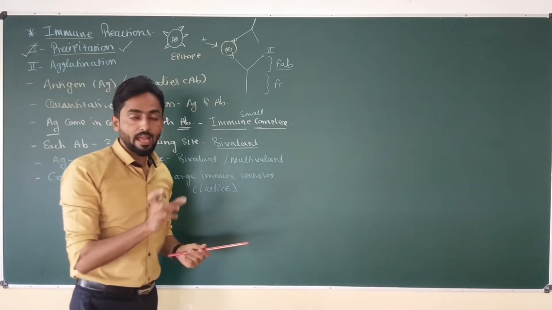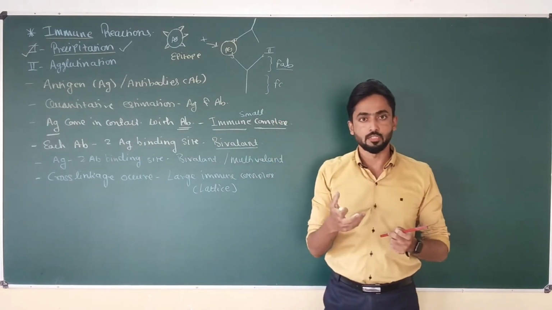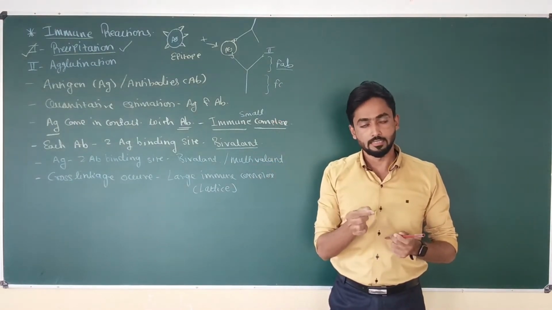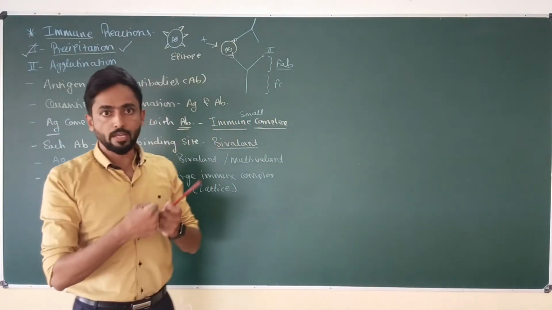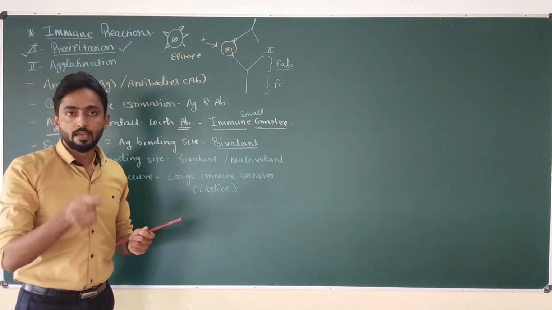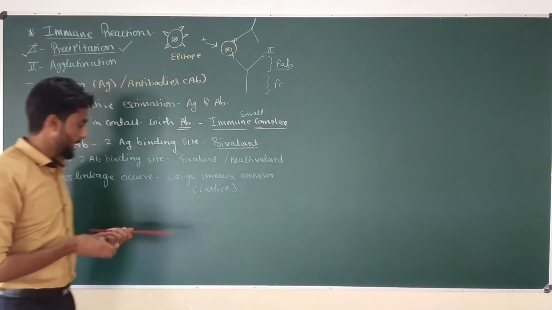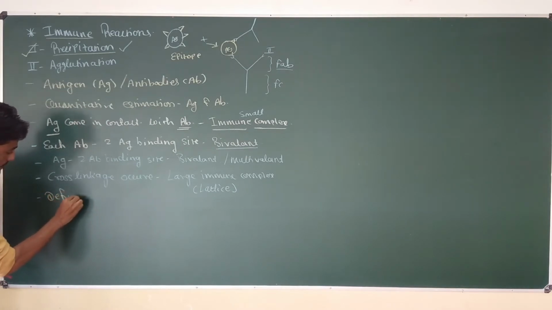Such kind of antigen also develops a lattice, and this lattice ultimately gives rise to precipitation. When antigen and antibody are present individually in the solution, they remain soluble. They are not going to precipitate. But when they come together, they form a lattice, and now this lattice precipitates out of the solution and becomes visible.